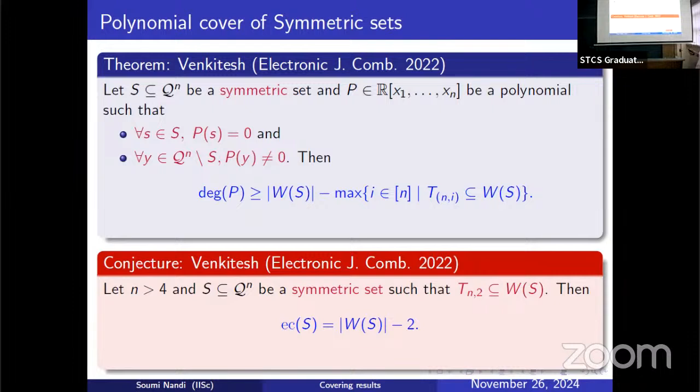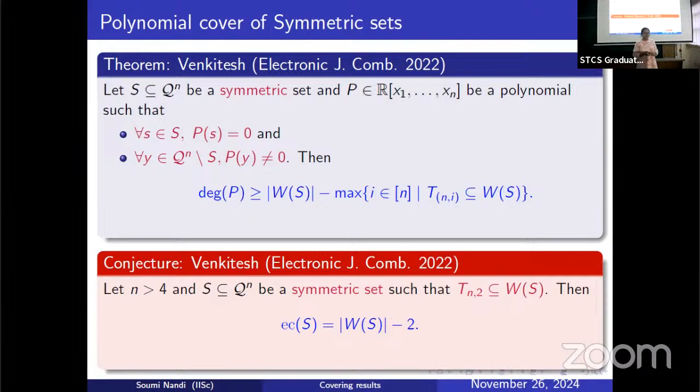Observe that when we are given a symmetric set S, if the set has some k number of different weights, then we can always get a degree k polynomial which will exactly cover that point set S and no other points outside S.